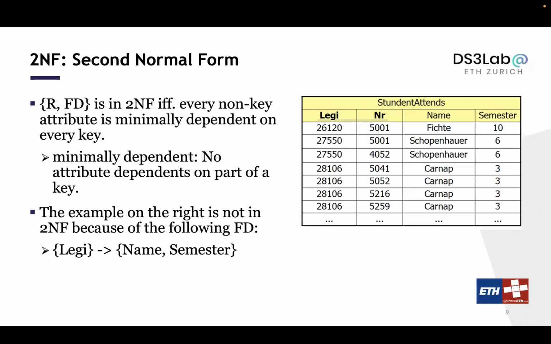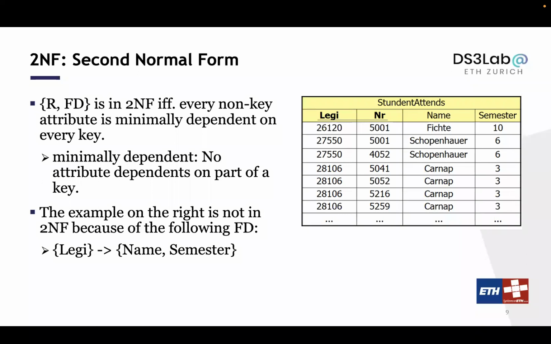The goal of the second normal form is really to get rid of all those data redundancies. Essentially, it says that if you give me a design with a set of functional dependencies FD, it is in second normal form if and only if every non-key attribute, every attribute that is not part of any key, is minimally dependent on every key.